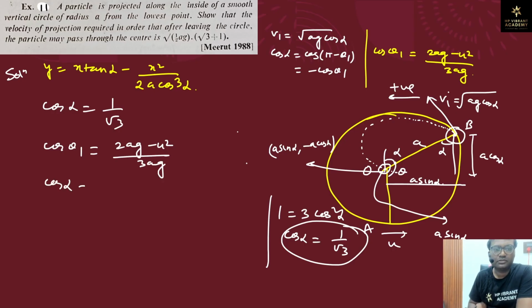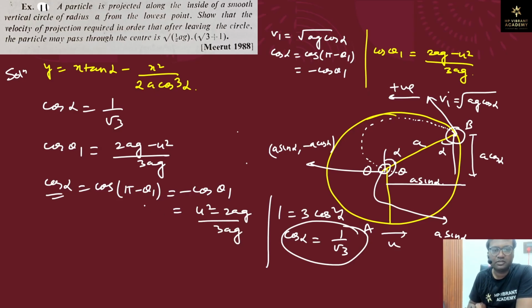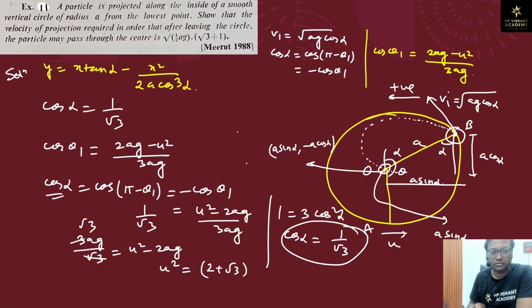And cos alpha is equal to cos of pi minus theta 1, which is minus cos theta 1. This is equal to u square minus 2ag upon 3ag. And cos alpha is 1 upon root 3. So we have 3ag upon root 3 is equal to u square minus 2ag. This is root 3. So we have u square is equal to 2 plus root 3 into ag.